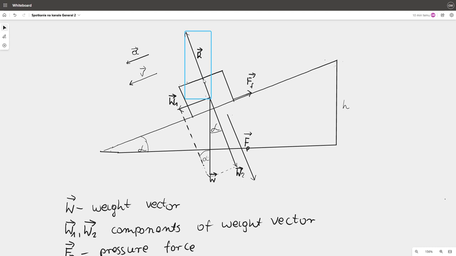Reaction force and pressure force have the same magnitude according to Newton's third law of motion. So, all three vectors, component W2, normal force R, and pressure force Fp, have the same magnitude.